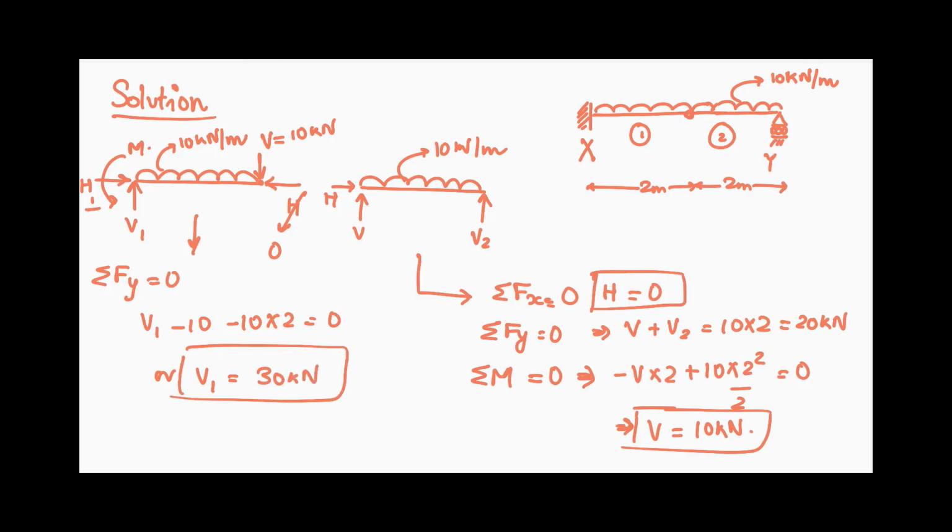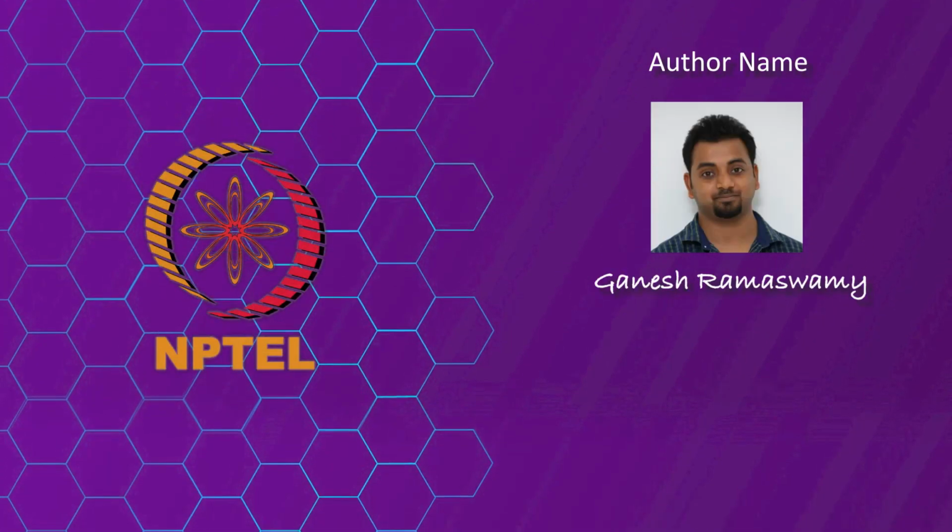We can also solve for H1 and M similarly. However, in our question we are required to calculate V1 alone and report it in kilonewton. Hence, V1, which is the vertical reaction at X, equals 30 kilonewton, and this is our final answer. Thank you.